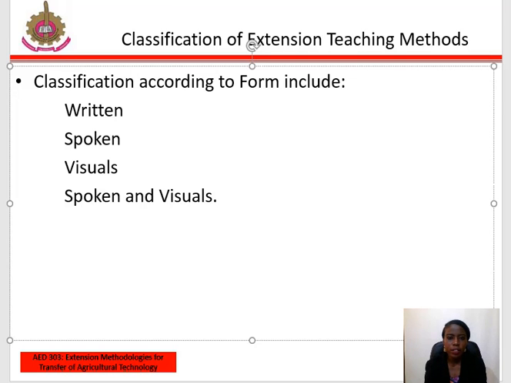Spoken, which includes meetings, office calls, farm and home visits, telephone calls. Visuals, it includes exhibits, posters, bulletin boards, result demonstration. Spoken and visual includes method demonstration, result demonstration, campaigns, as well as television.